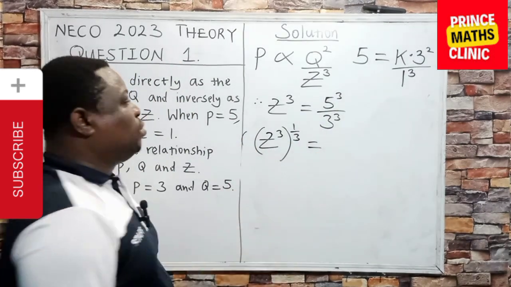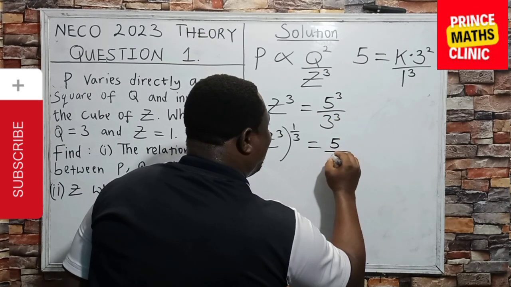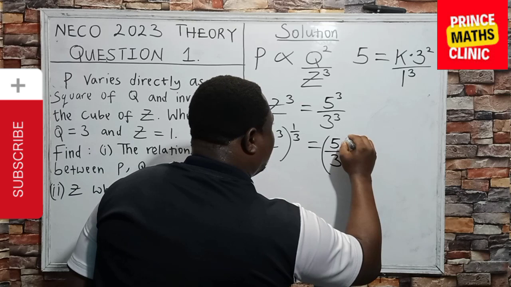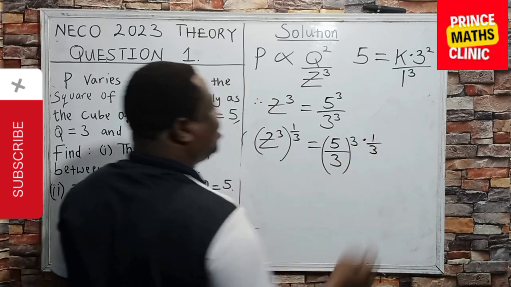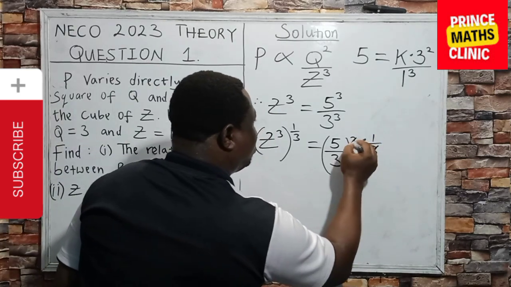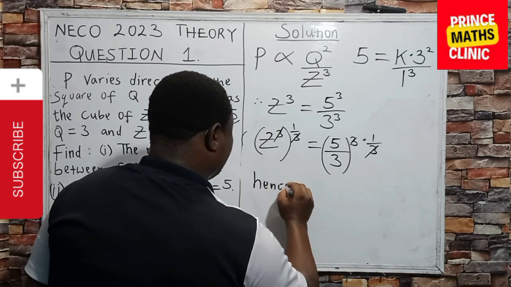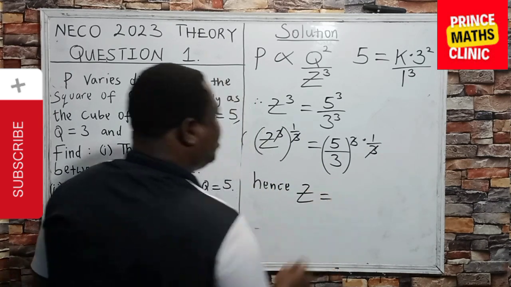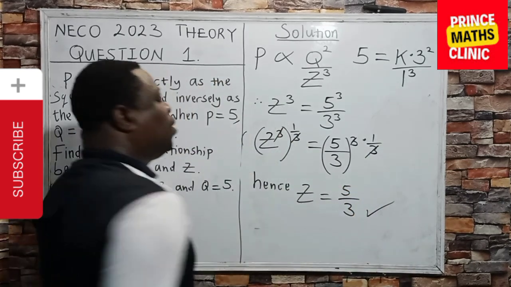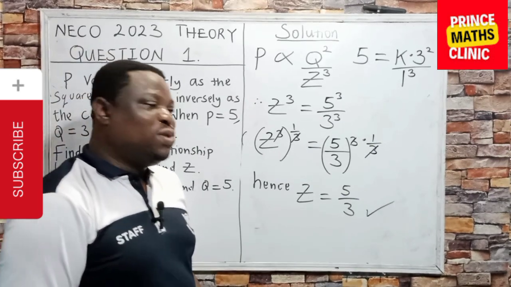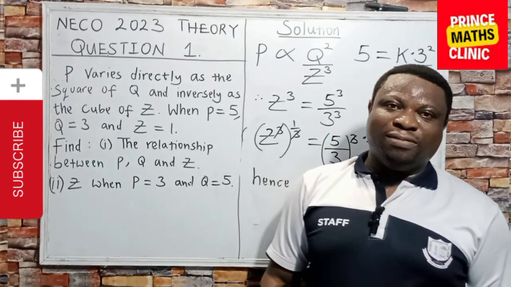That's why it's an equation. And there's a cube here, there's a cube here, so I can write this as 5 over 3, all carrying the power of 3, then I'll multiply the power by 1 over 3. So here 3 cancels 3, 3 cancels 3. Hence, Z is equal to what? 5 over 3. So that is the result to the second part of number 1.